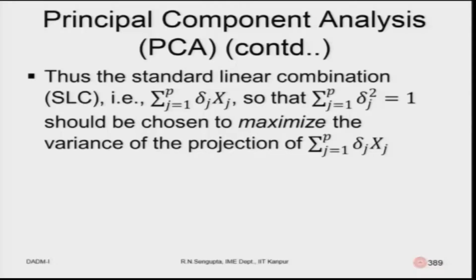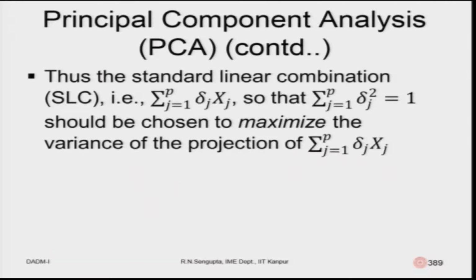So, this is the standard linear combination for the case of principal component analysis: we give weights lambda 1 to lambda p to x 1 to x p such that the sum of the squares of the lambdas is equal to 1. What we are trying to do is maximize the variance of the projections of the combination lambda 1 x 1 plus lambda 2 x 2 till lambda p x p.